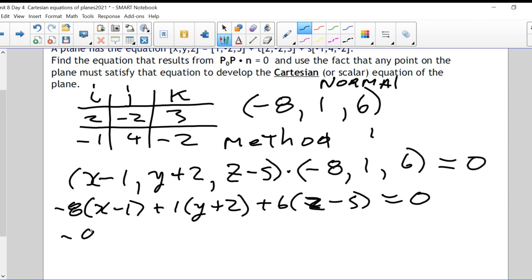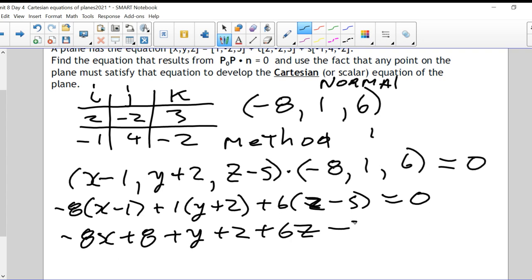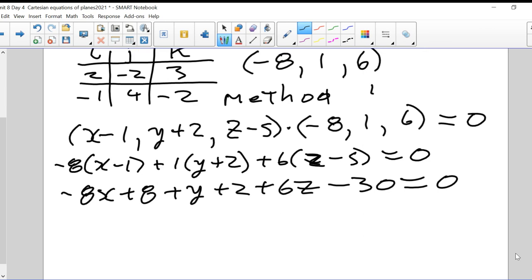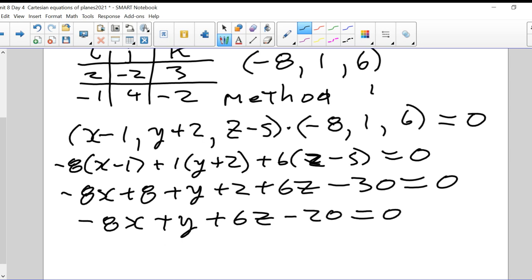So that's minus 8x plus 8 plus y plus 2 plus 6z minus 30 equals 0. Then if I tidy this up, I'm going to get minus 8x plus y plus 6z, and 8 and 2 is 10, so minus 20 equals 0.